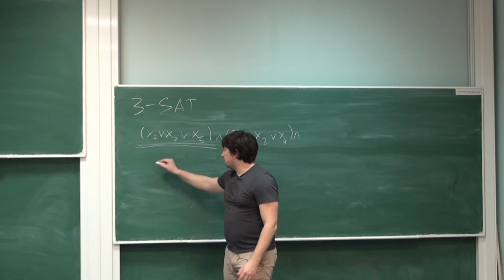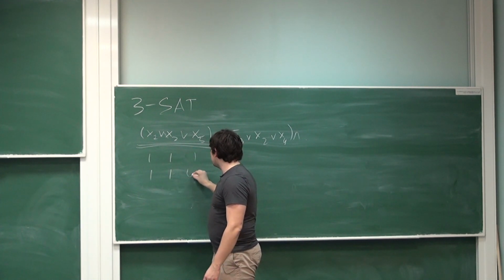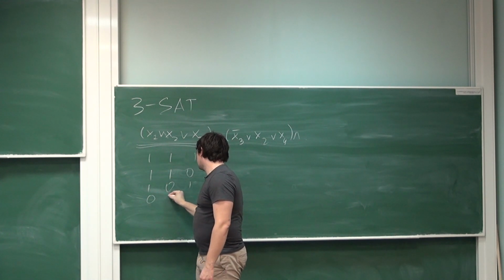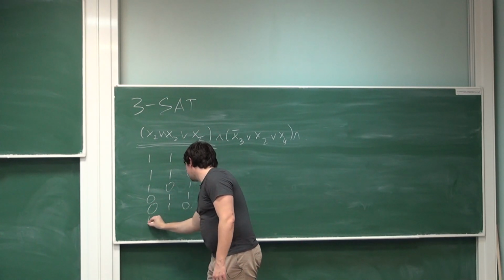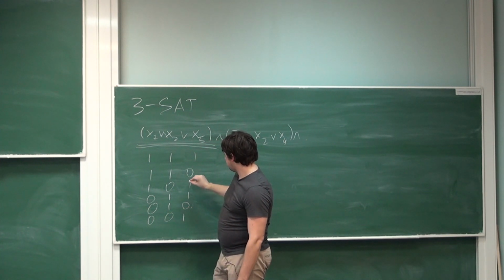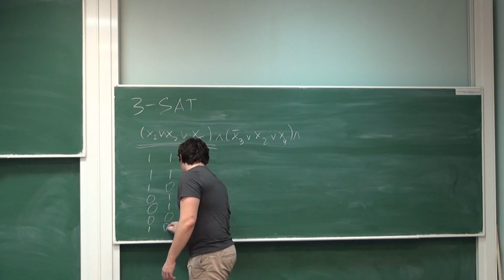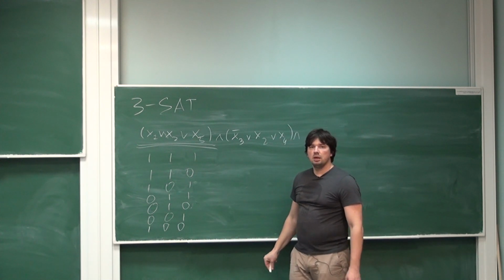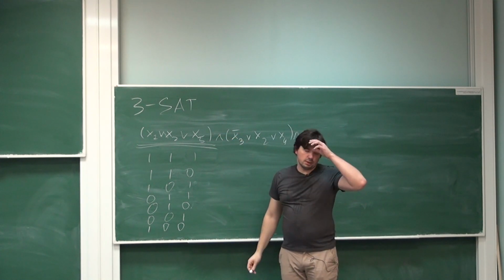So I can go through combinations 1, 1, 1; 1, 1, 0; 1, 0, 1; 0, 1, 1; 0, 1, 0; and 0, 0, 1. Am I forgetting something? I think I do. I'm forgetting the 1, 0, 0. So those are 7 different combinations of assignment to these 3 variables.